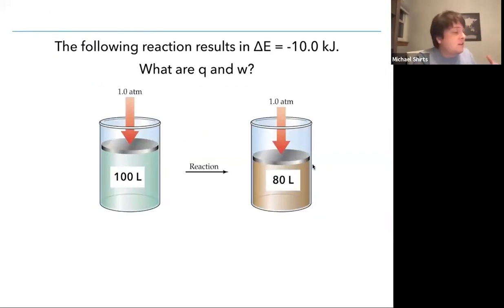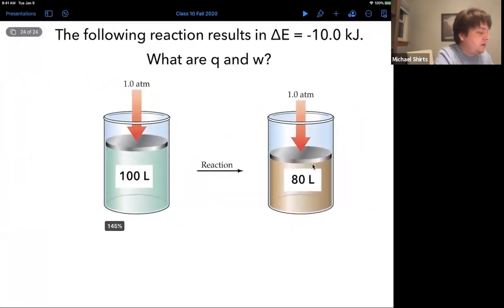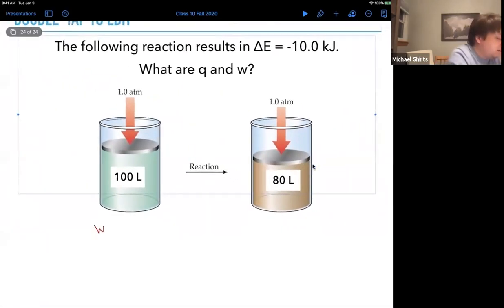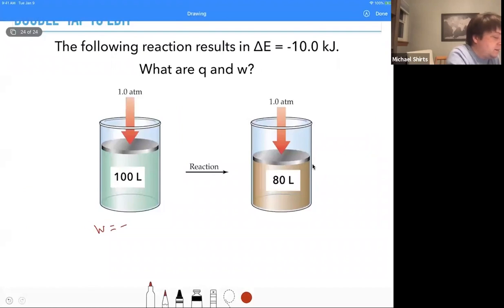Let's start putting things together. The following reaction results in a change of energy of minus 10 kilojoules. What are the heat and the work? Well, we're given enough information to calculate the work. So the work, let's change the format. The work is minus P dV.